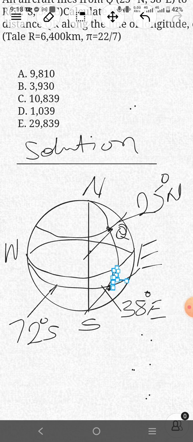Then from this point, I will draw it to meet at the center also. So this is point R again. Then I will draw this place to the center also. Now, at this center, you call it theta.